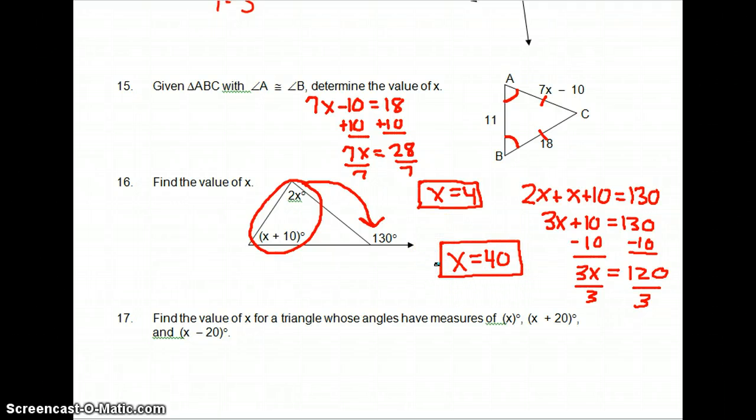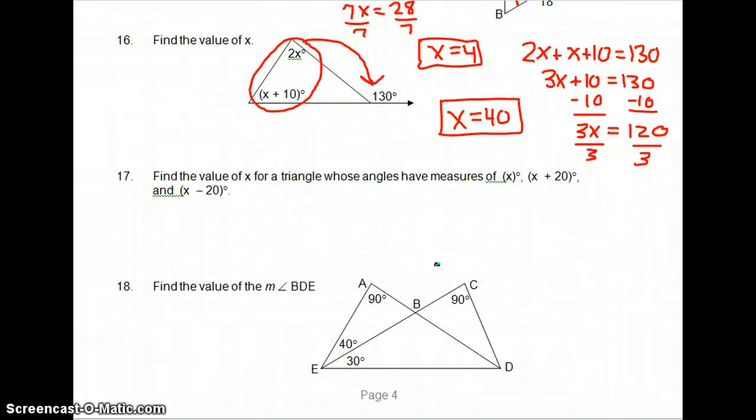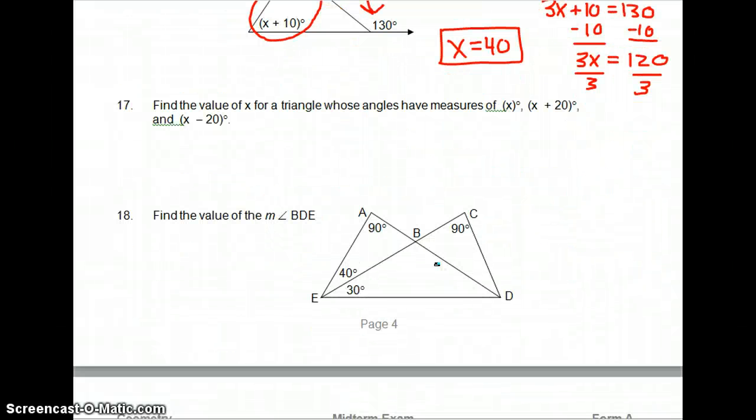That's number 16. Number 17. Find the value of x for a triangle whose angles have measures of x, x plus 20, and x minus 20. So it's a triangle, so we know they all have to add up to 180, so we just do x plus x plus 20 plus x minus 20 equals 180.